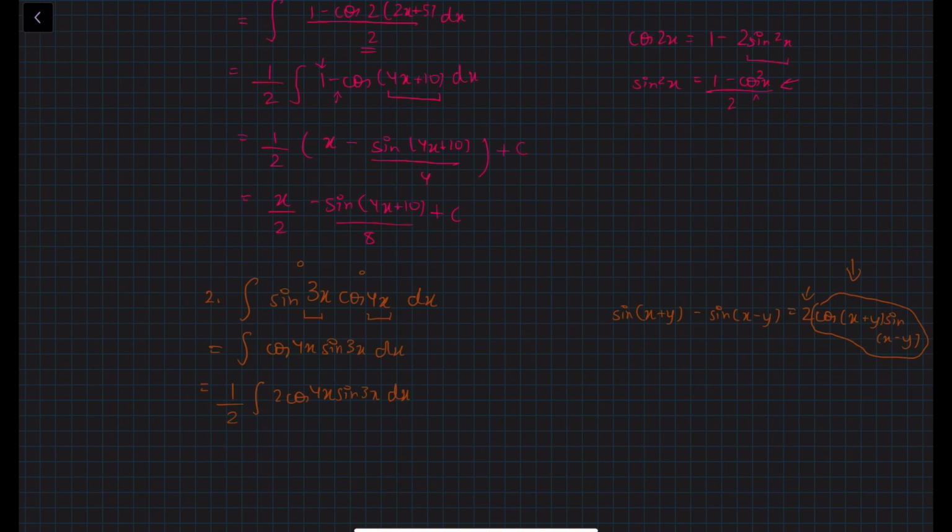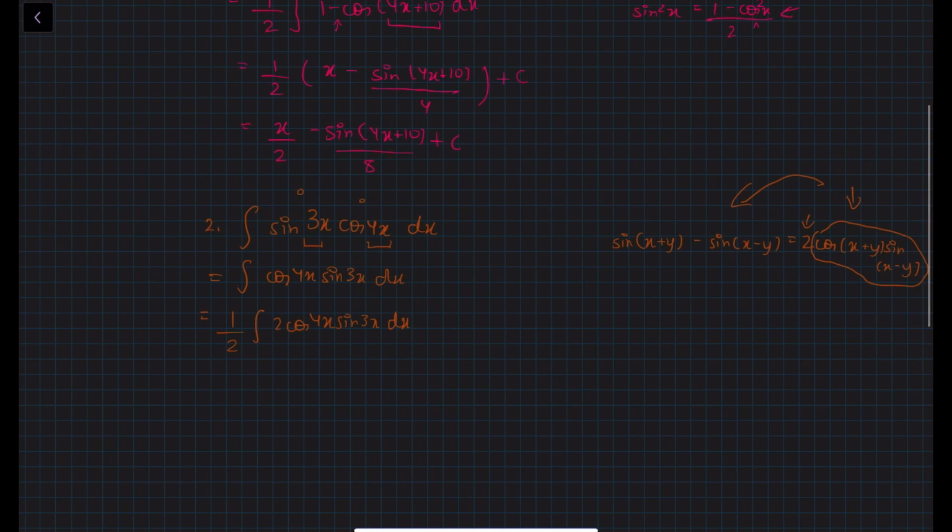So I'm going to convert it to this form so it can easily be integrated, because here we have a sum or a difference which we can just integrate separately. So right, I'm just going to write that as sine of, well, it becomes 4x plus 3x, right?